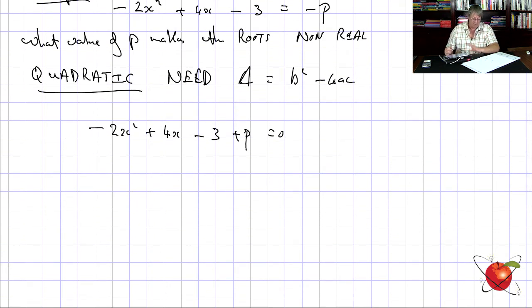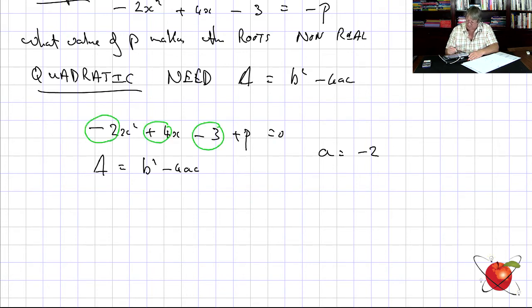Right. Then I take out the discriminant and I say delta is equal to b squared minus 4ac, but I must take out my a, my b, and my c. Well, let's take out a is equal to minus 2. Let me refresh your memory. It is the coefficient. B is that and C is that.